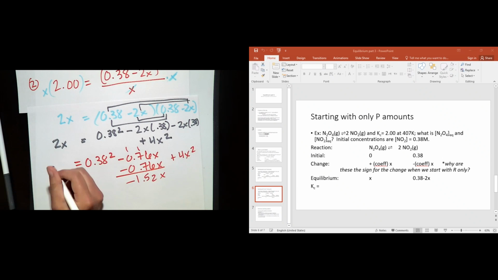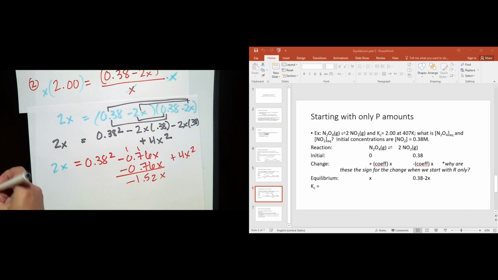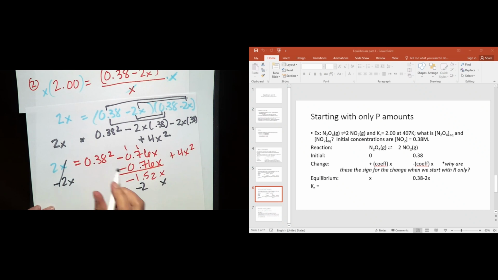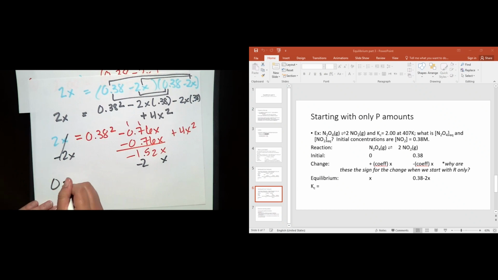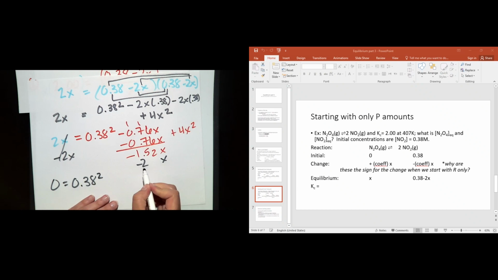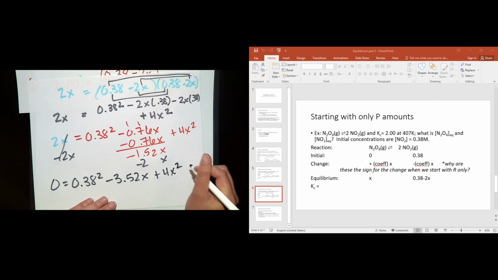I'm going to subtract that 2x from both sides to make it equal to 0 on one side. Okay, so now I have 0 equals 0.38 squared, negative 2x minus 1.52x is negative 3.52x, plus 4x squared. Now I can use the quadratic.